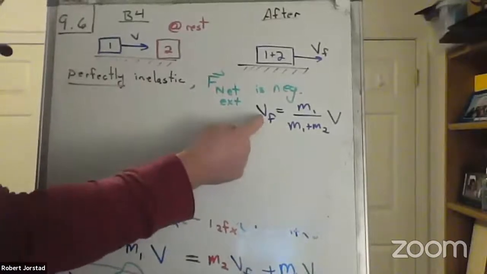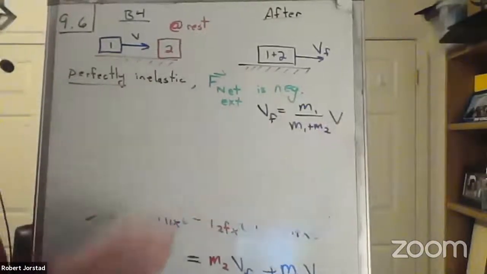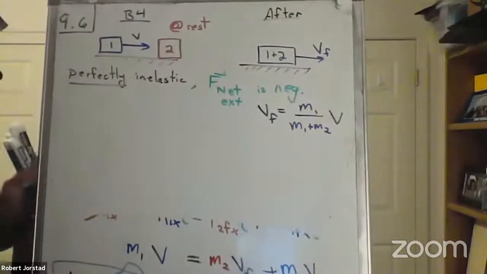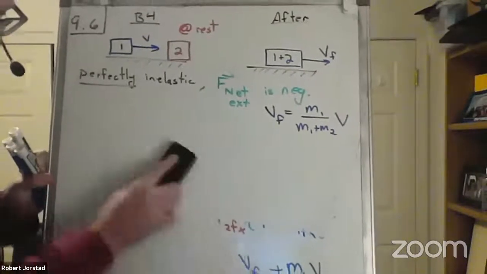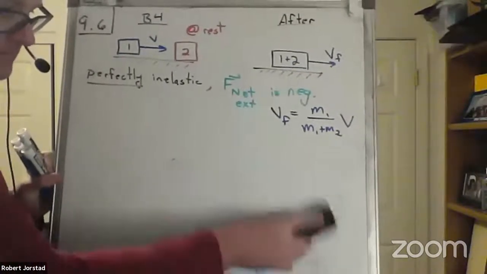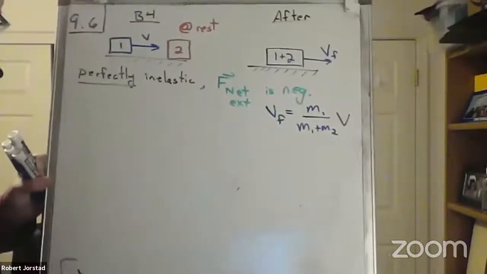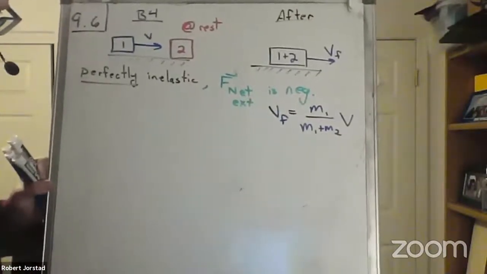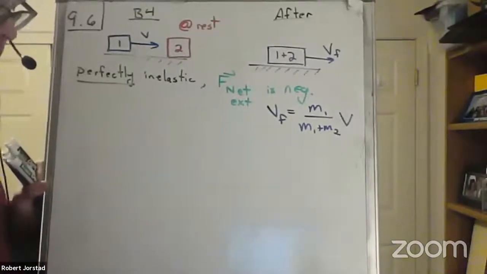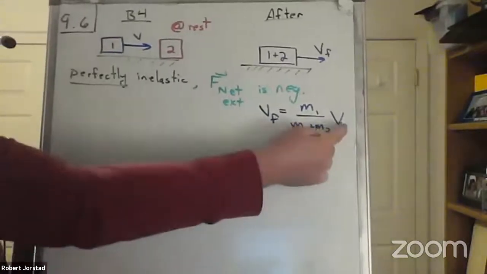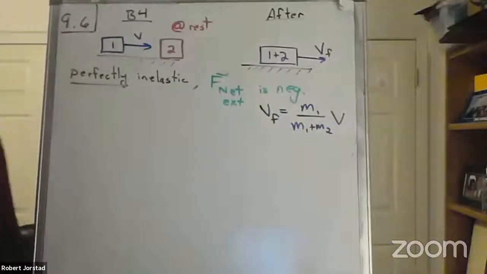What do you notice about V final compared to V? In particular, which one's bigger? In this problem, which of these numbers is going to be bigger, V or V final?